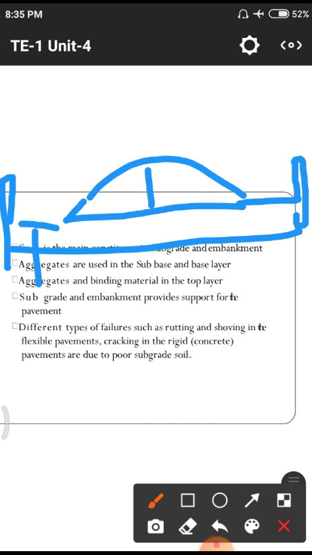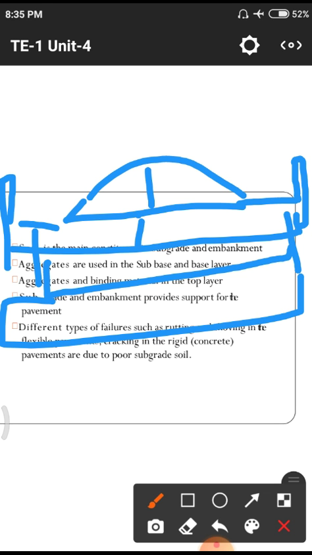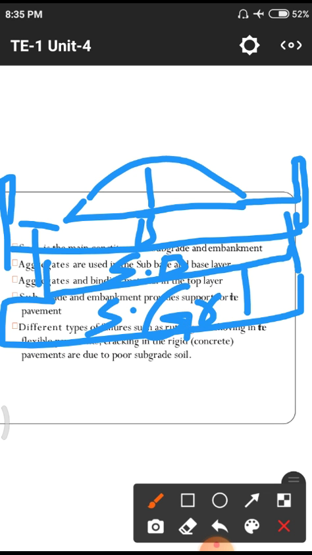These are the base, sub base, and this is the subgrade. You have to identify what is the base, sub base, and subgrade.